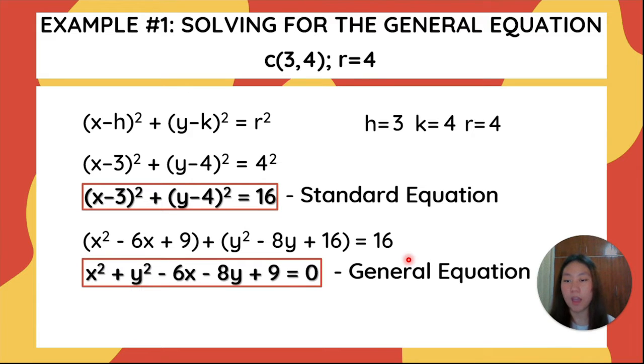So we have x squared plus y squared minus 6x minus 8y, then 9 plus 16 is equal to 25 minus 16, so we have 9. The general equation of the circle given the properties is x squared plus y squared minus 6x minus 8y plus 9 is equal to 0.